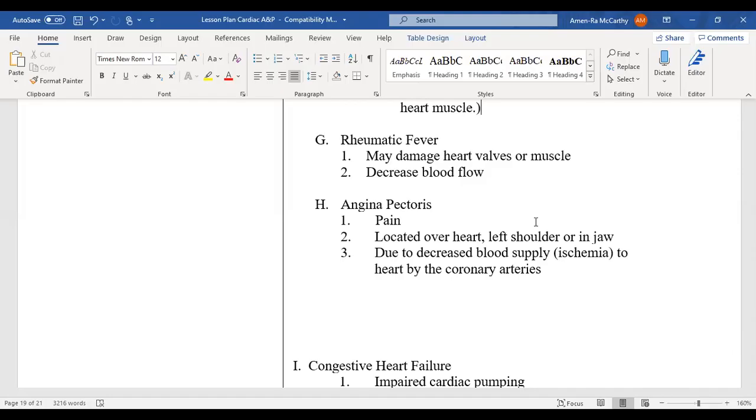When something is inflamed, it becomes swollen. If this valve swells up, then blood can't get through. That can cause a lack of blood flow, because if it can't get to the lungs, it can't get back to the heart in order to get to the body. Rheumatic fever.